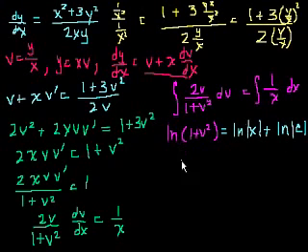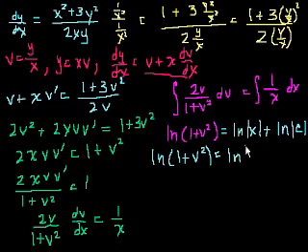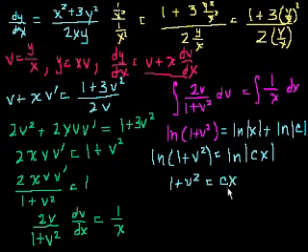So we could rewrite this whole equation as the natural log of 1 plus v squared is equal to, when you add natural logs, you can essentially just multiply the two numbers that you're taking the natural log of, the natural log of the absolute value of cx. And so the natural log of this is equal to the natural log of this, right? So we could say that 1 plus v squared is equal to cx.